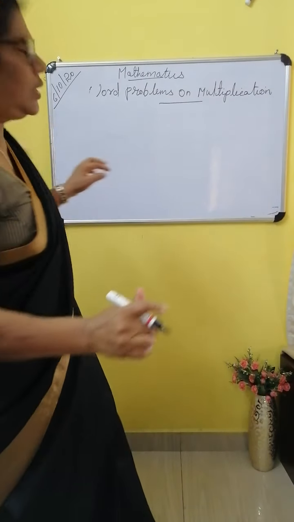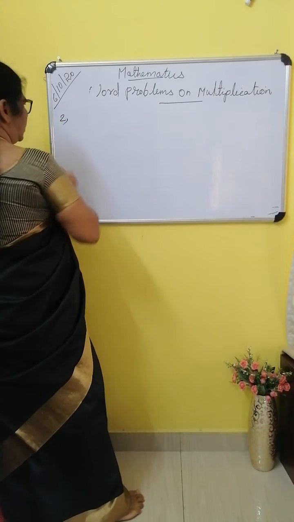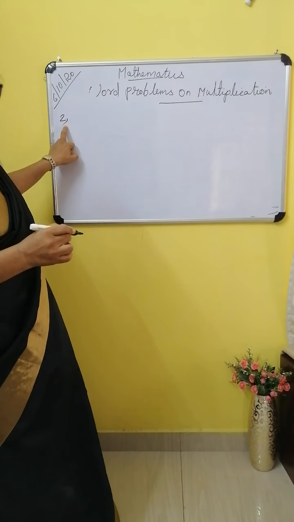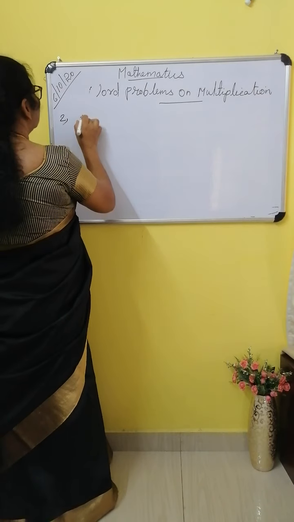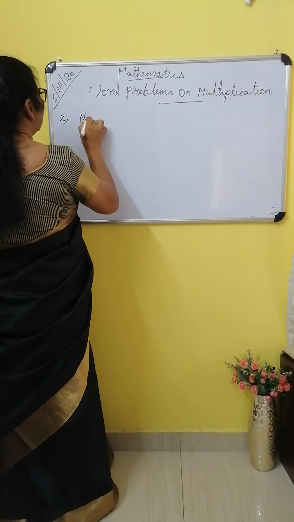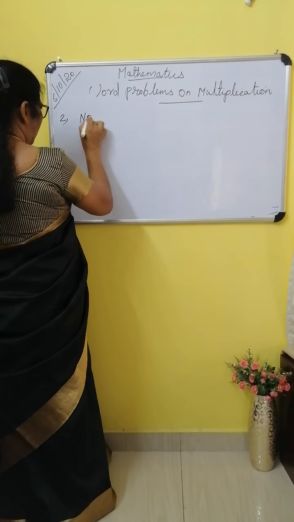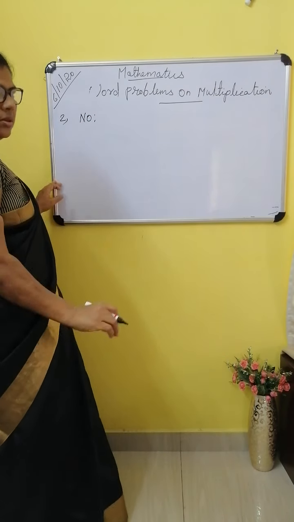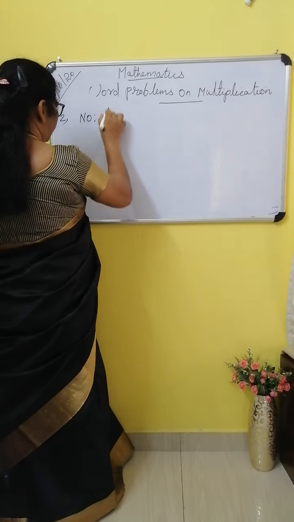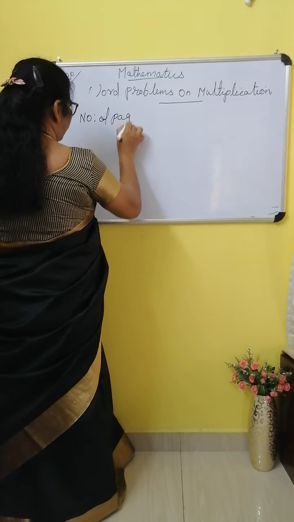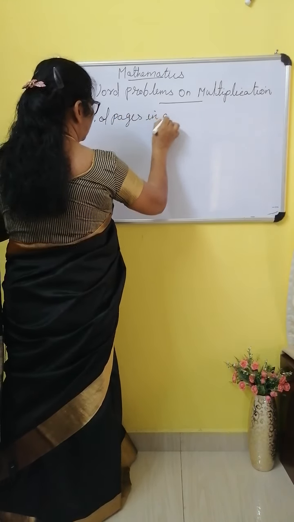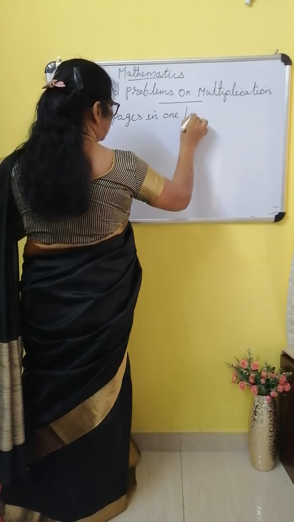Number of pages in one textbook. Number 2. Put the number in the margin. Okay. So you can write in short form. No, put 1, 2 dots. Number of pages in one textbook.